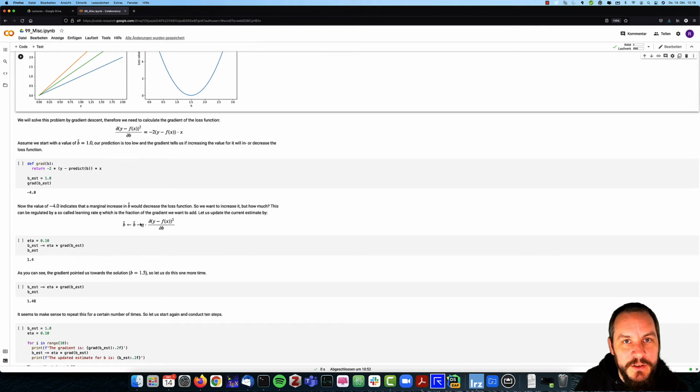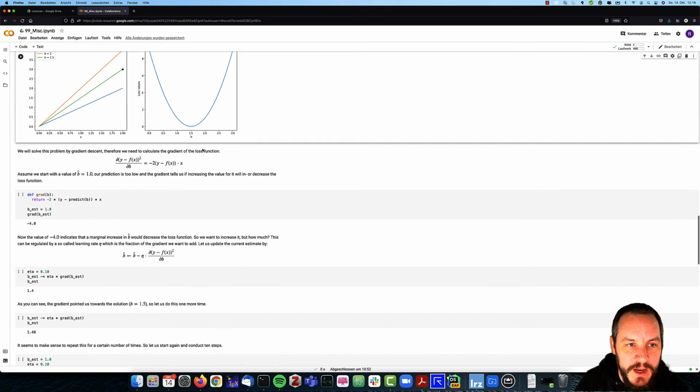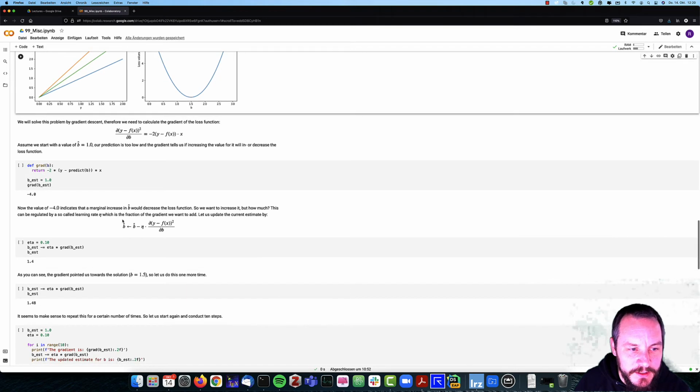It shouldn't be too big, because if it's too big, then the probability of overshooting is quite big, and we end up with a parameter estimate that goes completely in the other direction. But if we set eta too small, then the original value changes only to a very minor extent.